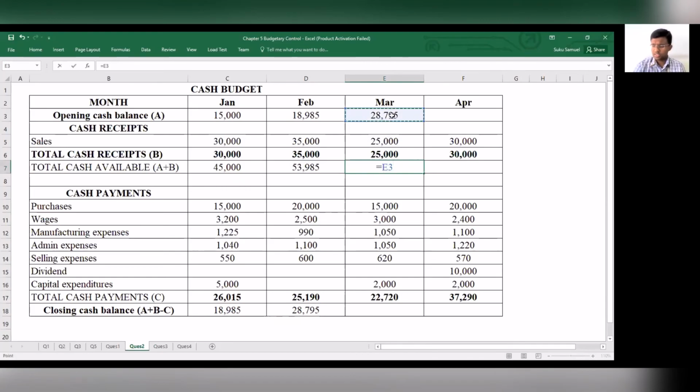So let's calculate this. Plus 25,000. This will be 53,795. 53,795 minus 22,720.